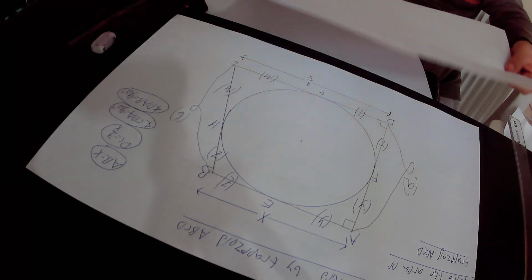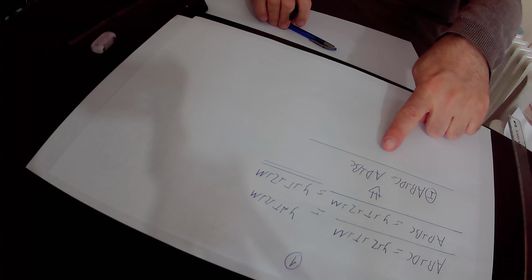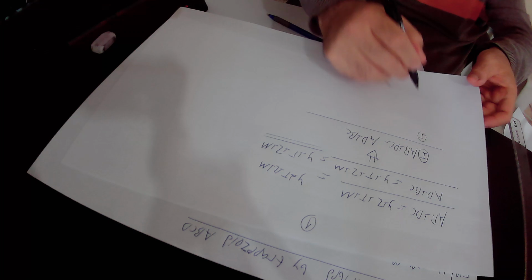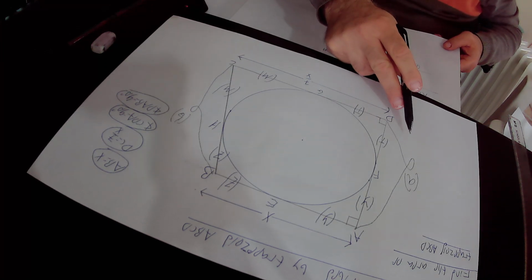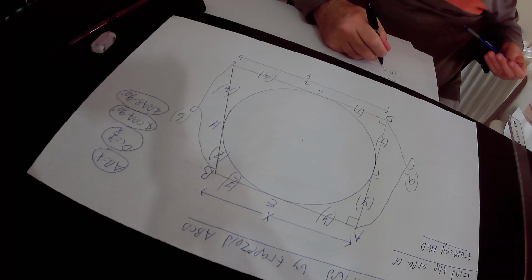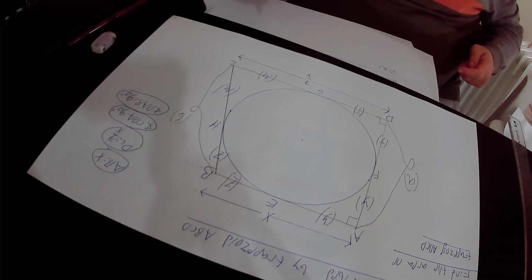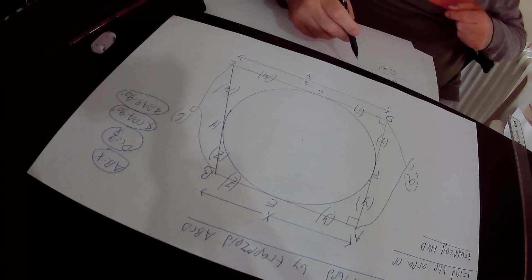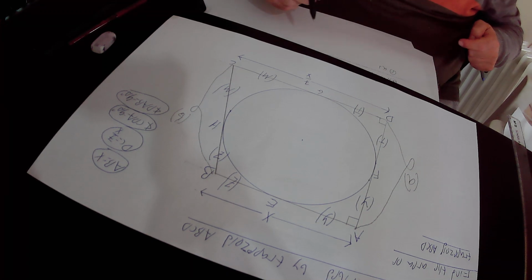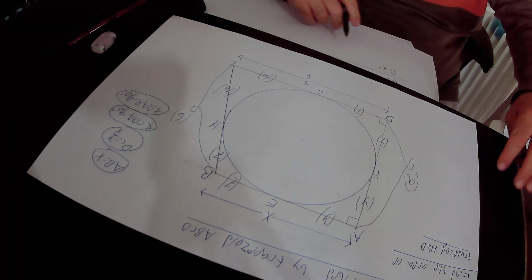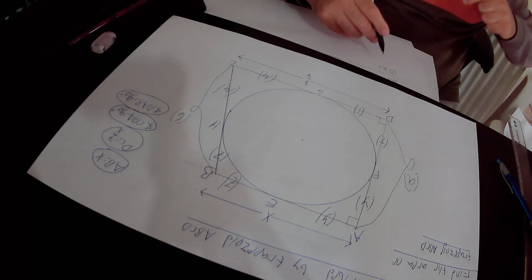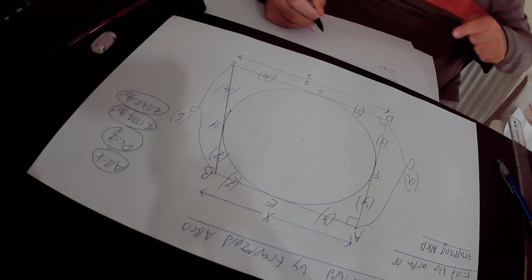According to equation 1, we found out that AB plus DC equals AD plus BC.